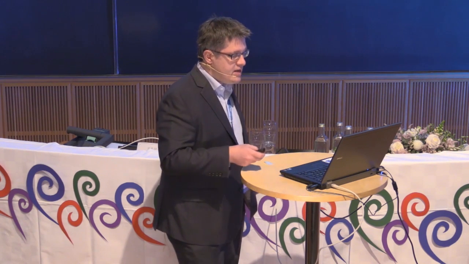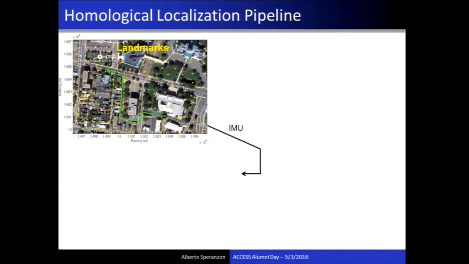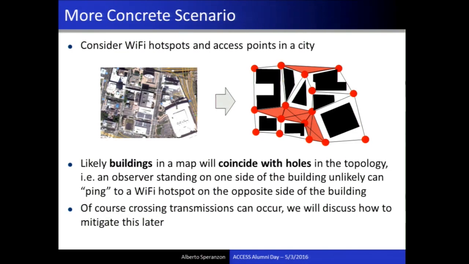Now the question that I raised before was, what if I'm on one side of the building and I do ranging with something which is across the building? Then in practice, if you go back to this picture, I would destroy the topology of the problem, because if this node and this node shared some access points, then there would be an edge connecting these two, which now makes this hole split in two.